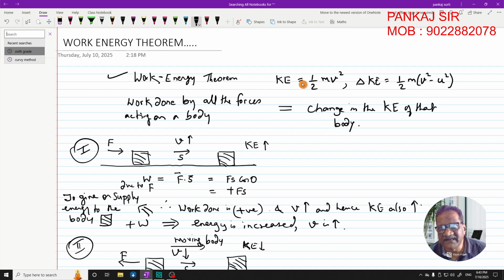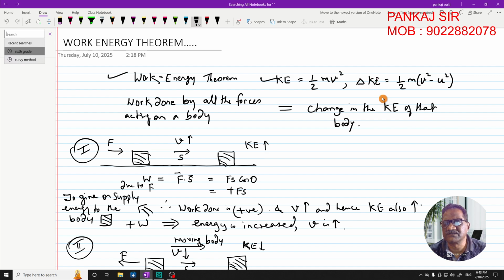As I told you, kinetic energy is connected with a moving body, and a moving body has to have some velocity and some mass. So the kinetic energy of the moving body is given by half times mass times v square.